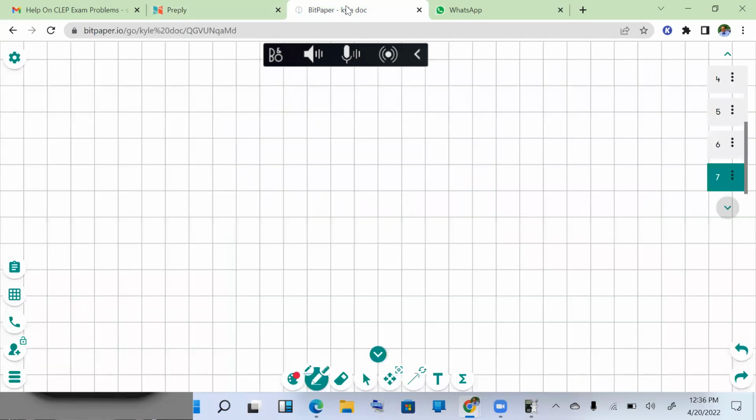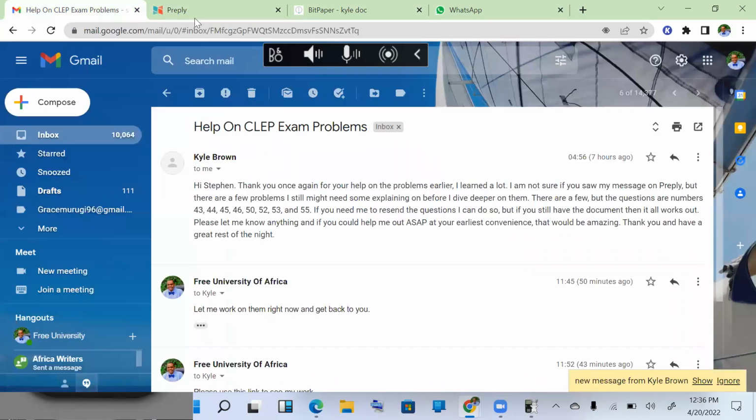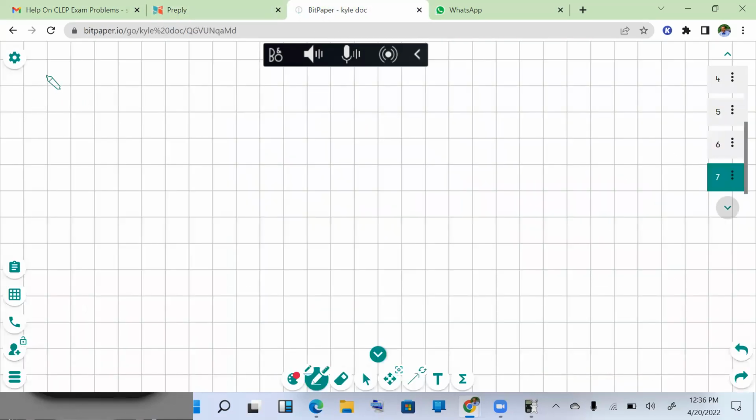So regular price, 50 bucks. Discounted price, 30 bucks.